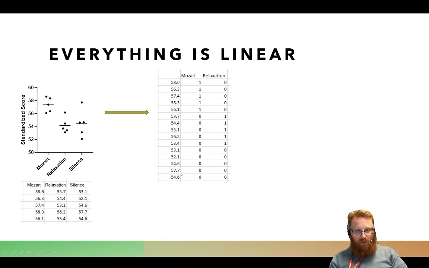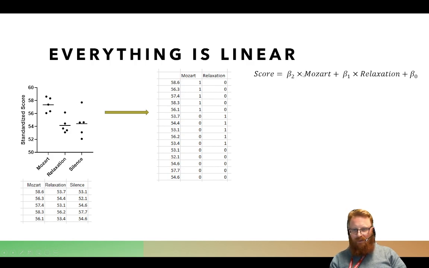We don't need to put in another column with ones for the silence, because it will know that when both of these are 0, that must be the silence case. And again, if we tried to fit this, we would now need 3 coefficients, 1 for the silence, 1 for the relaxation, and 1 for the Mozart.